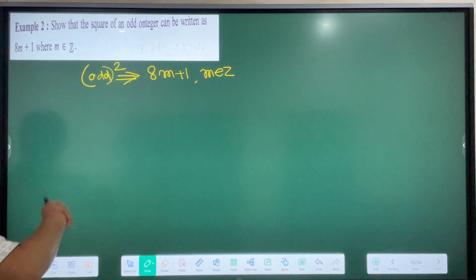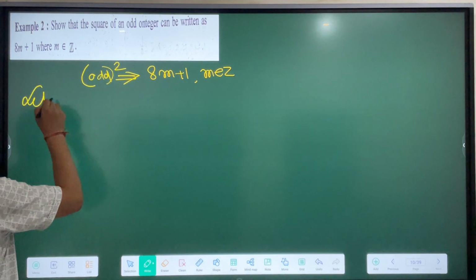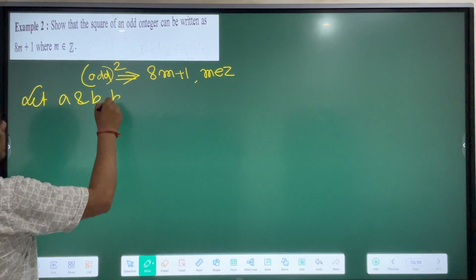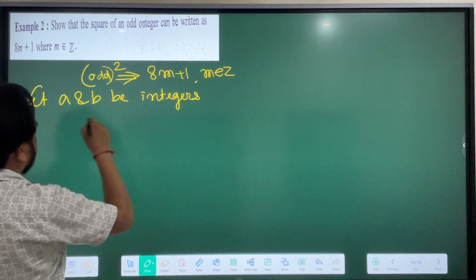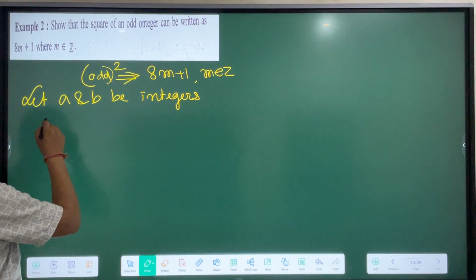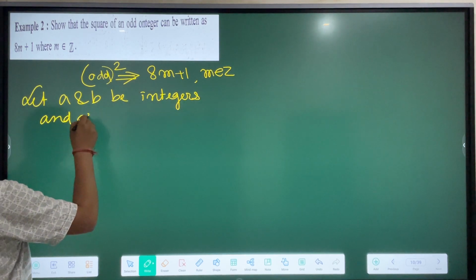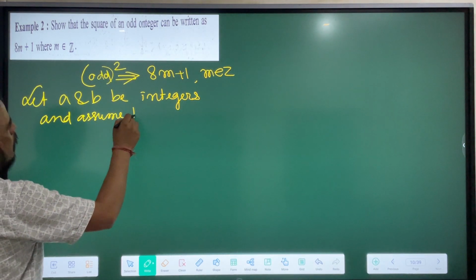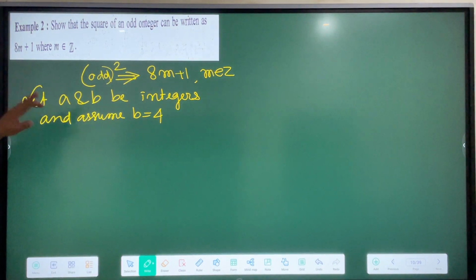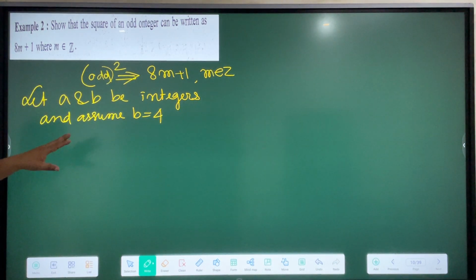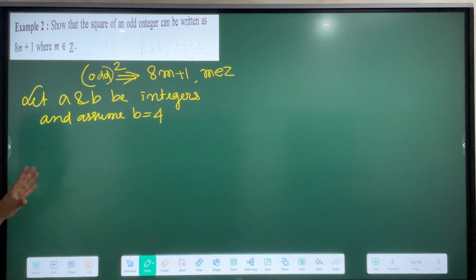Now, like the previous sum, let a and b be integers. Here a will be a only, and assume b is equal to 4. Why is 4 taken? In the previous sum 4 was there, so 4 is taken. 8m is there, so 4 will be easy for us for doing any calculation.